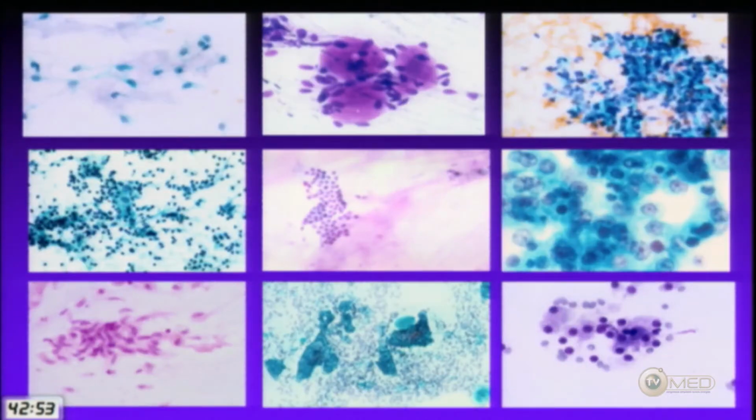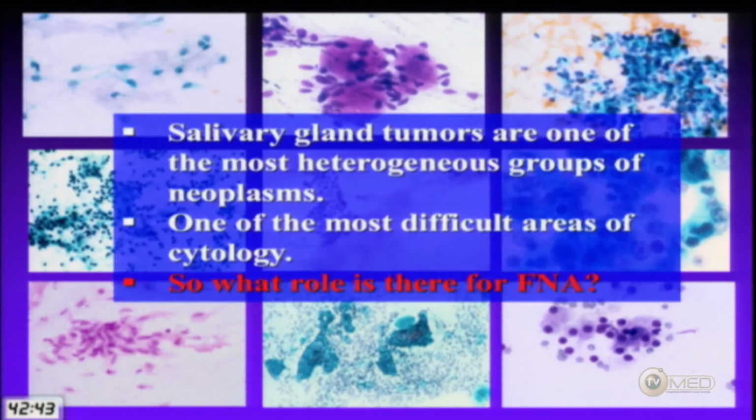Okay, so this is the reason on both surgical pathology as well as cytopathology that salivary gland is so difficult. And that's because salivary gland tumors are one of the most heterogeneous groups of neoplasms for an anatomic site in the body.